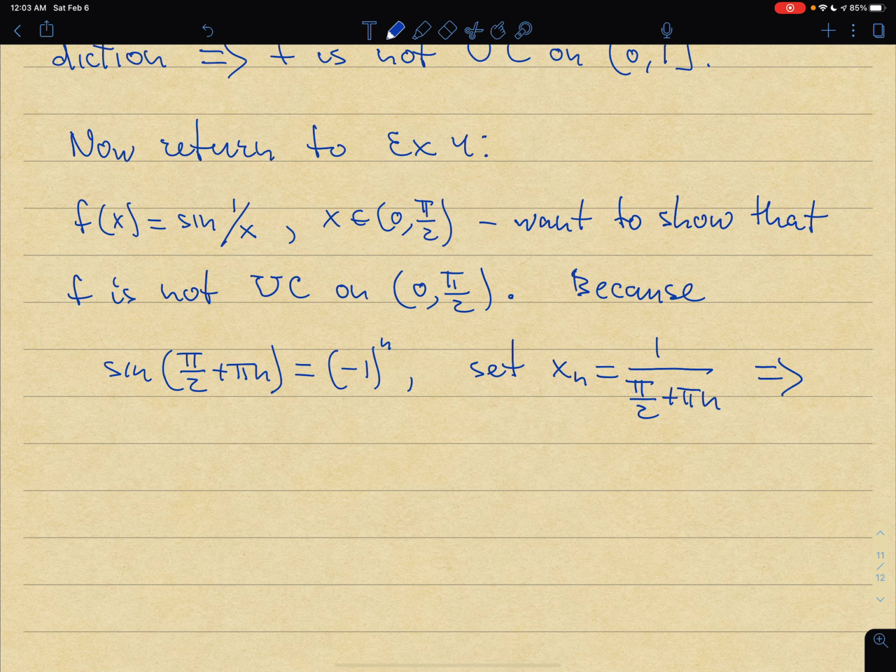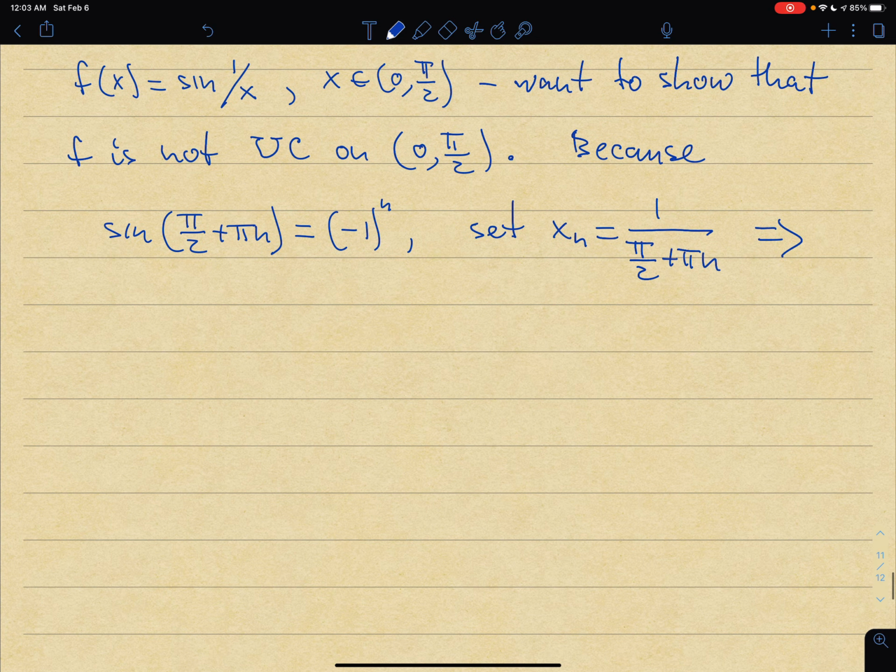If I do so, then of course the limit as n goes to infinity of xn, the top stays equal to 1, the denominator gets bigger and bigger, so this limit is 0. So xn is a convergent sequence, and therefore xn is a Cauchy sequence.